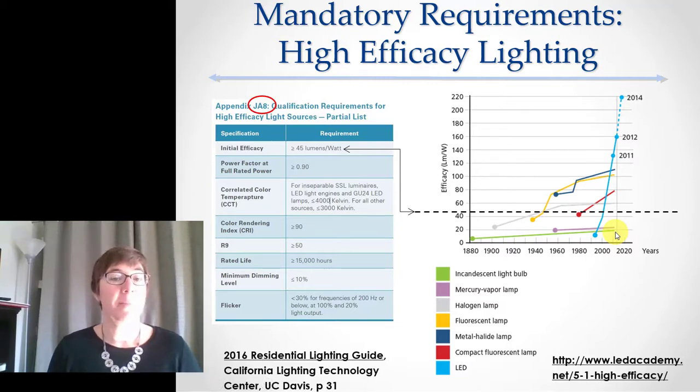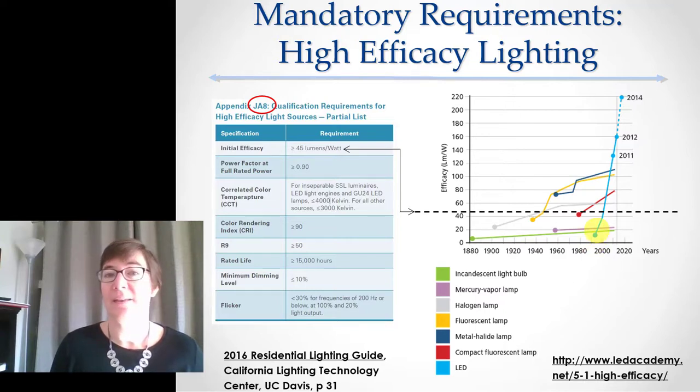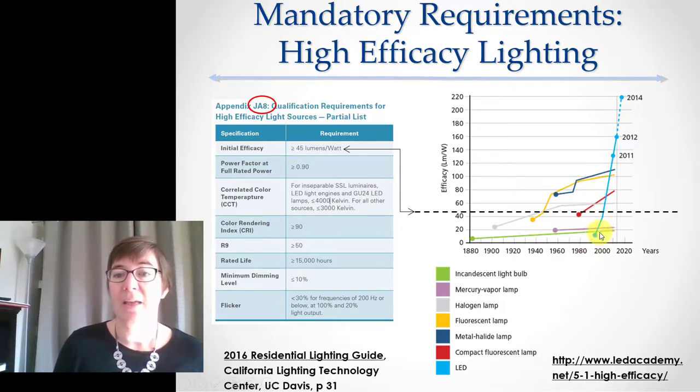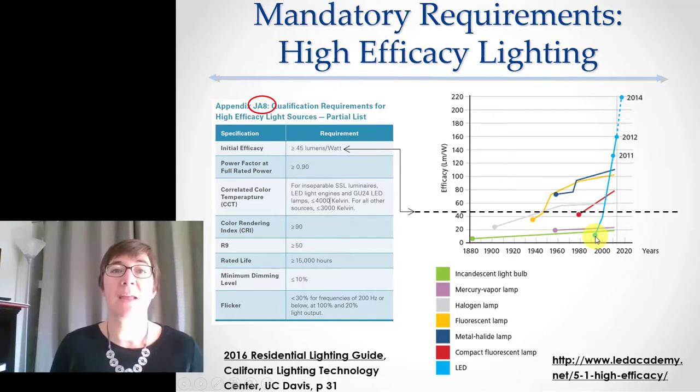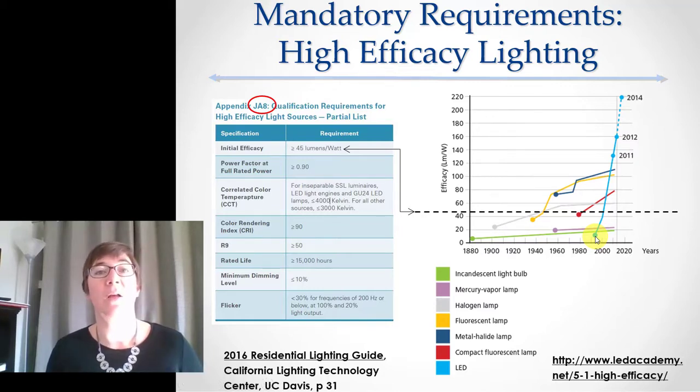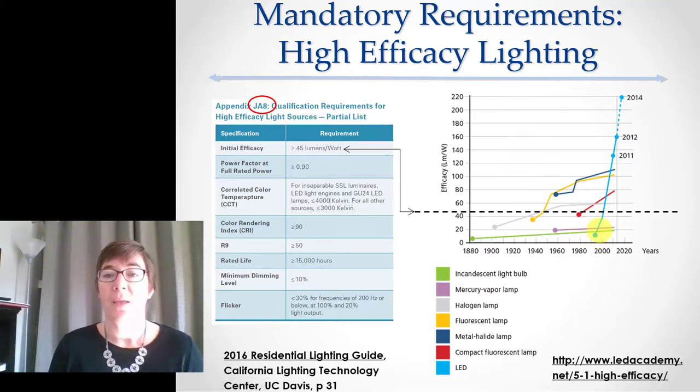Finally, let's talk about LEDs. LEDs are this bright blue, all right? And they were invented, looks like somewhere in the 90s, right here. And when they were invented, they didn't have a very high efficacy. But take a look at the amazing improvements that this technology has had over the last 30 years here. It is improving like crazy.